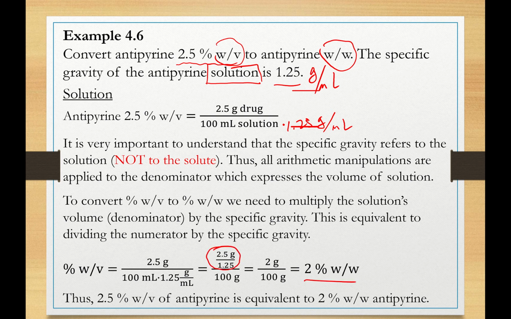And I end up with 2 grams per 100 grams or 2% weight per weight. So again, the critical step is to realize that the specific gravity is given for the solution, and whatever arithmetic you need to do, you have to do it to the denominator.